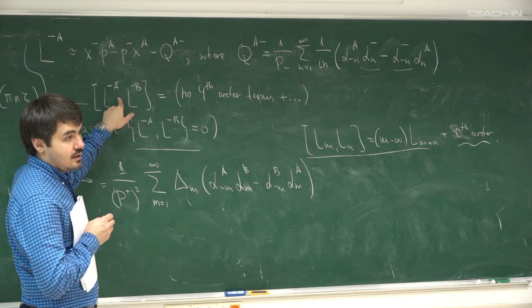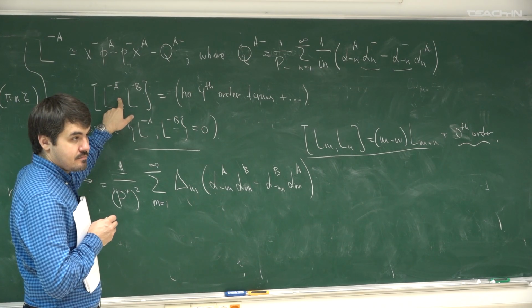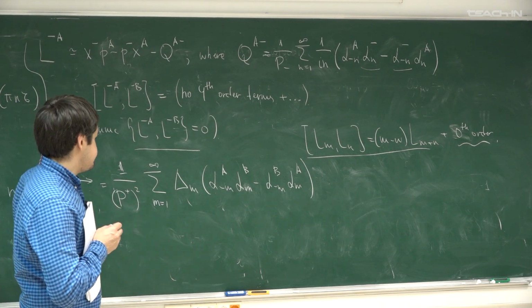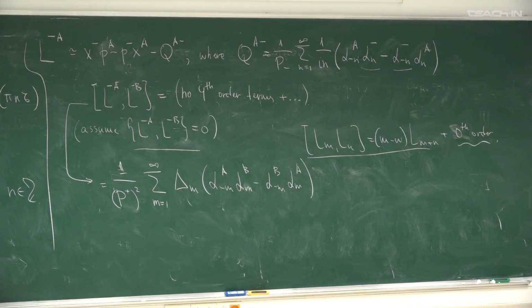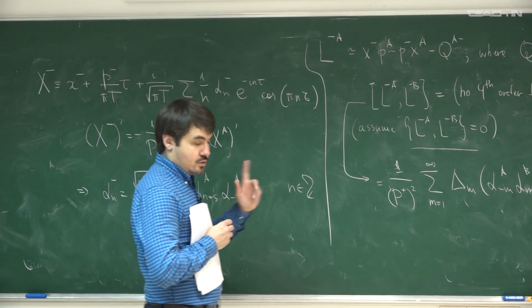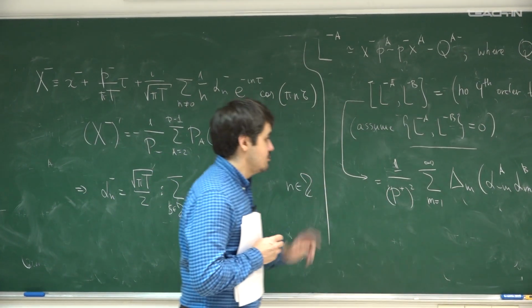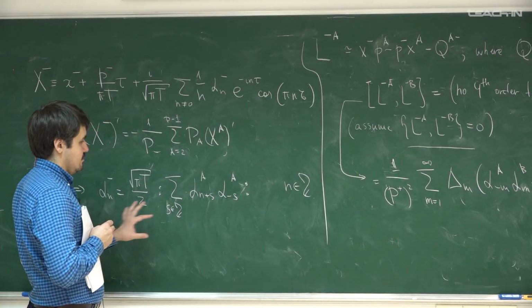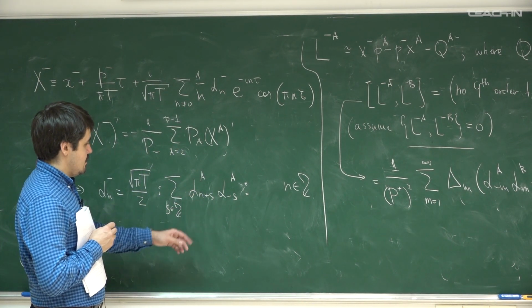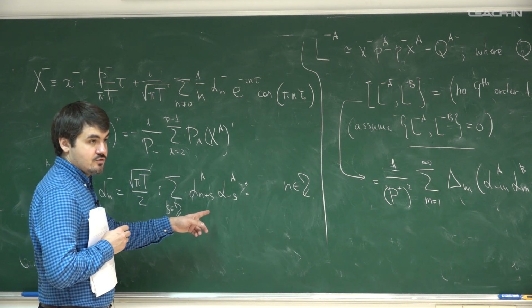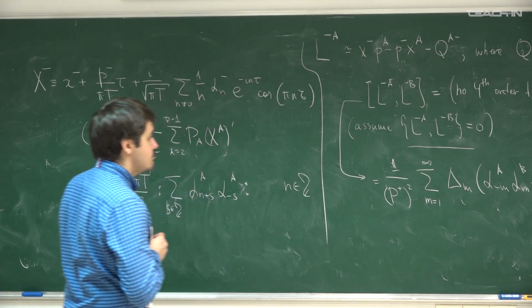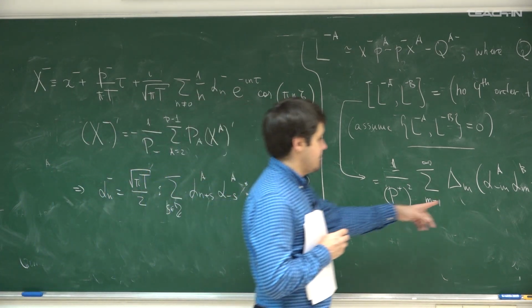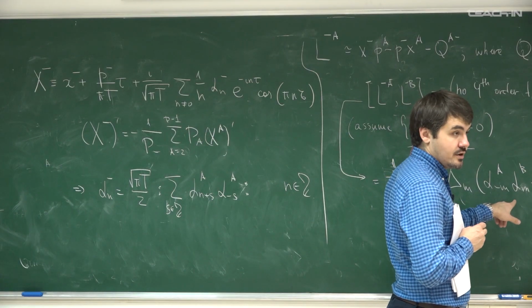Well, this has to be antisymmetric with respect to a and b. Also, this commutes with alpha 0. You were asking why we need alpha 0. You could think of alpha 0 as a grading operator, which tells us the level of each operator.